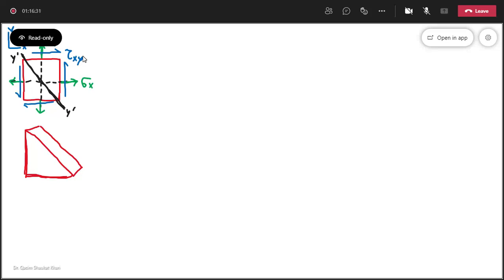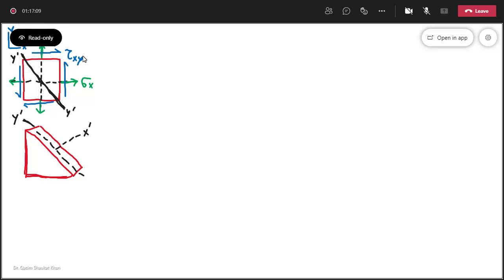Now on this, this is basically the y dash axis like this. This is the y dash axis and this is your x dash axis.